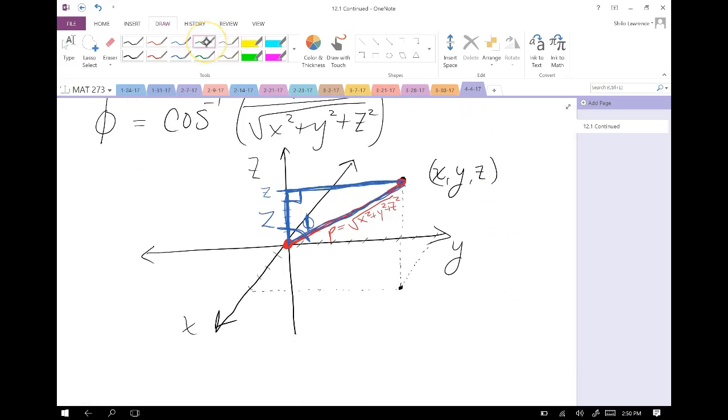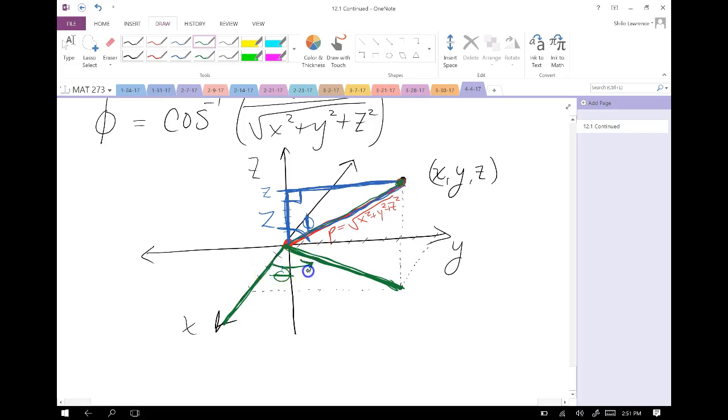Also, the theta, if I connect my point to the origin just on the xy plane, here's the positive x-axis, and there is the point connected to 0, 0 in the xy plane, so this would be my theta. So that's how far I have to go out to get to the point.